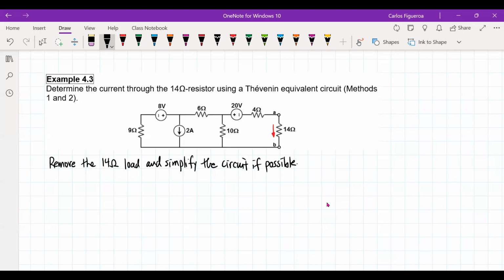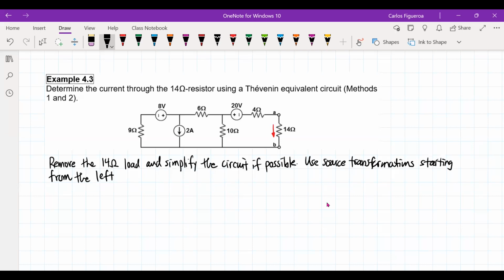If I look at the left side where the 9 ohm and the 8 volt source are, what we're going to use here is source transformations, starting from the left.